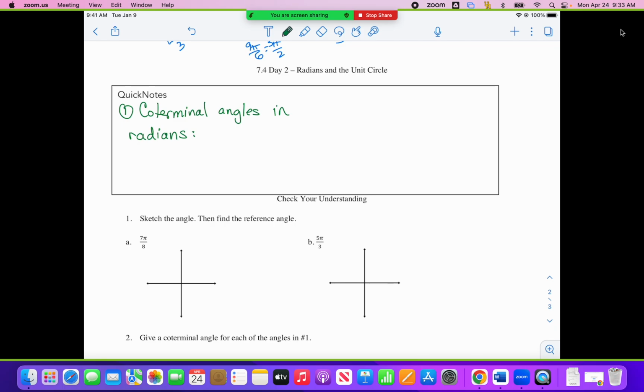So what do you think you're going to do here? Add or subtract 2 pi. And the way that you do that is build a common denominator. For example, 4 pi over 2, 6 pi over 3, 10 pi over 5 to build your 2 pi.